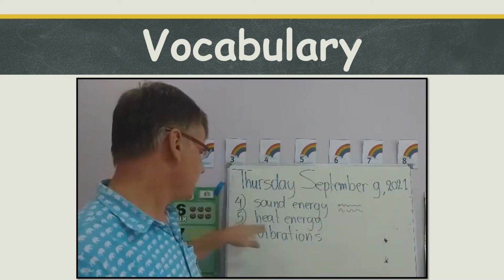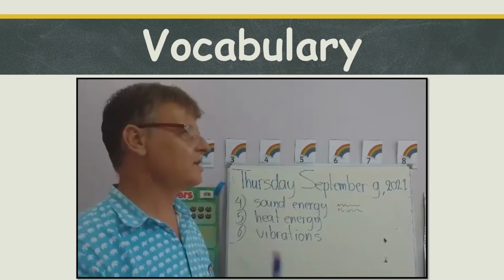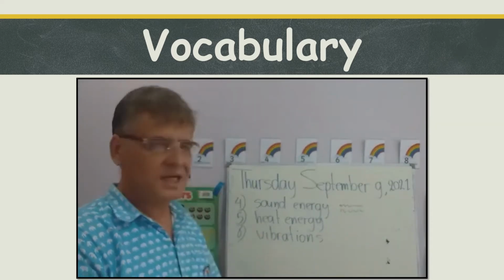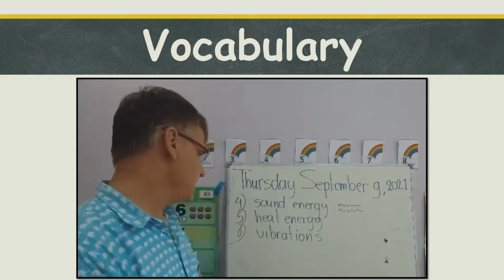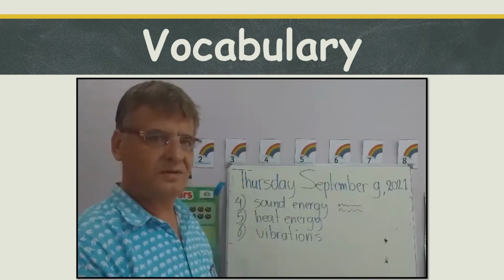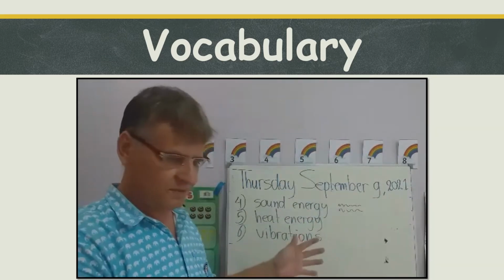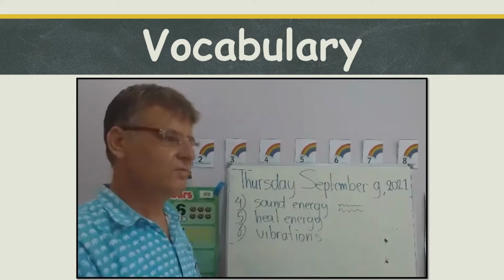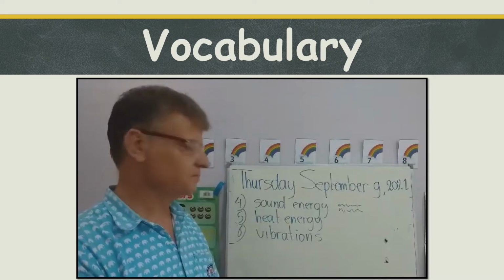And then number 5, heat energy. Now we feel that energy every day from our sun. The sun produces heat energy, and that's good. Then we are nice and warm. And then in the winter in my country, we make heat energy in our house. We have some fireplace or a system with hot water inside, so the room is nice and warm. So we use heat energy to stay warm.